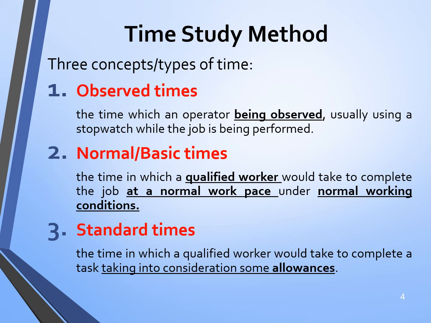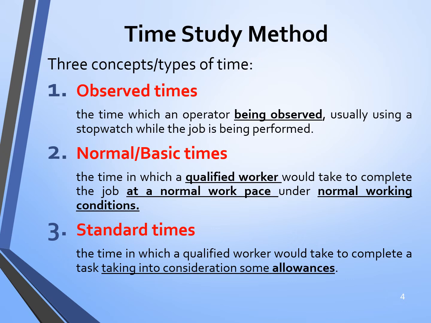So the work pace here is divided into three. First one is normal work pace, second slower work pace, and the third one is faster work pace. Okay, so how to measure the work pace or the speed here? It is measured in percentage, which we call performance rating. Work pace ni dipanggil performance rating and is given in percentage.